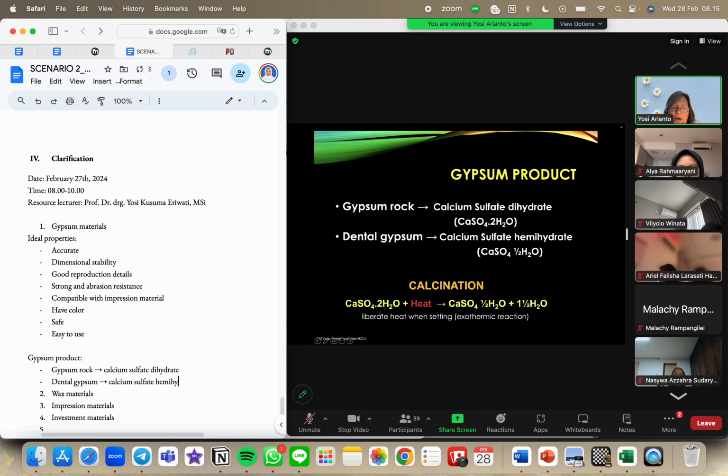So we have here the calcium sulfate dihydrate, and then we heat it, and then we will have calcium sulfate hemihydrate. So all the 1.5 of the water is evaporating. So we will have only the calcium sulfate hemihydrate.